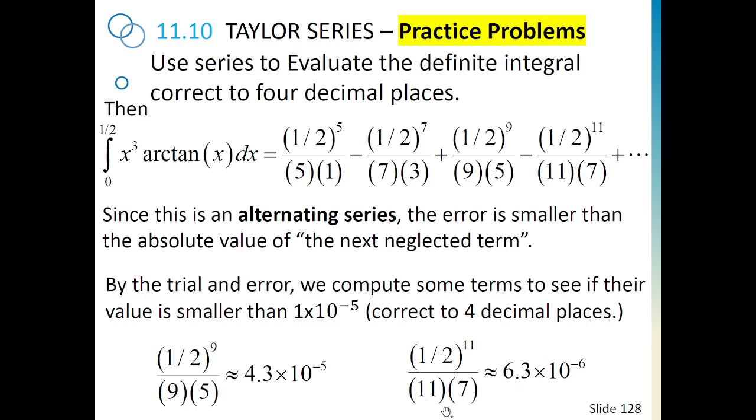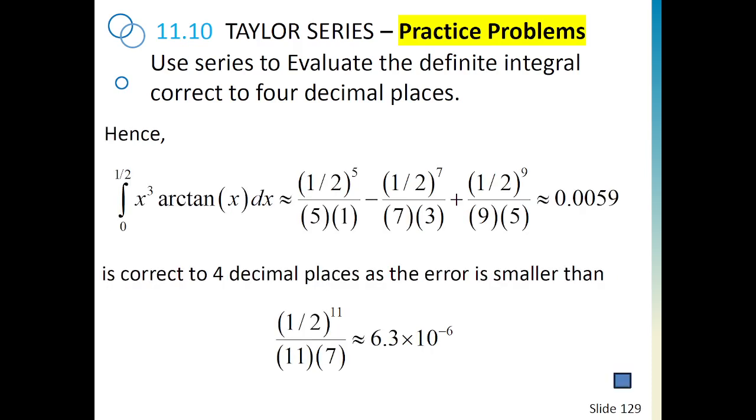So this term will be my error, and it assures that the approximation of this integral, when I use only these 3 terms, will be correct to 4 decimal places. The 4th one doesn't change the 4th decimal because it is 10 to the power minus 6. So I will use the first 3 pieces to approximate the value of the integral.